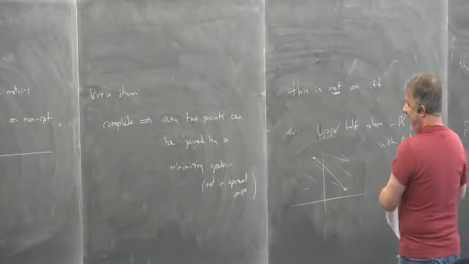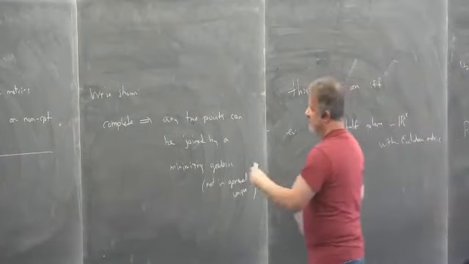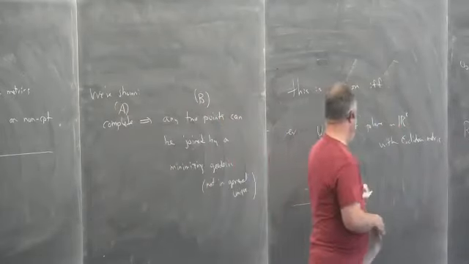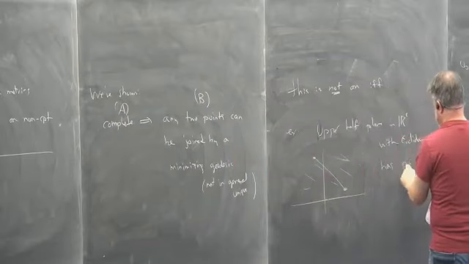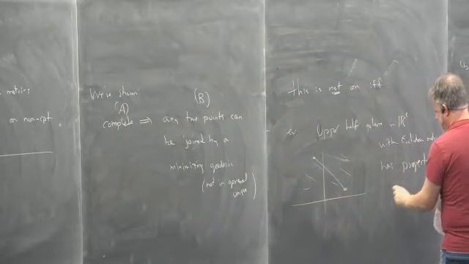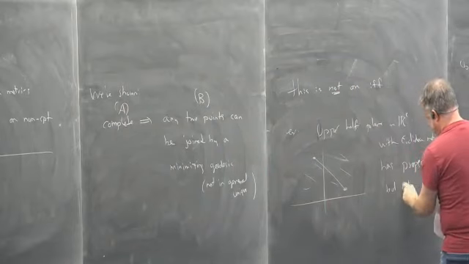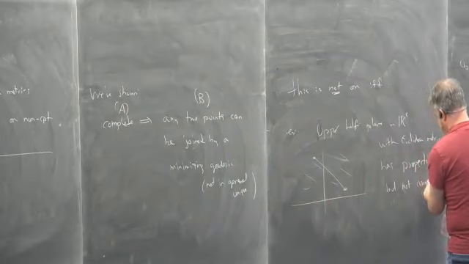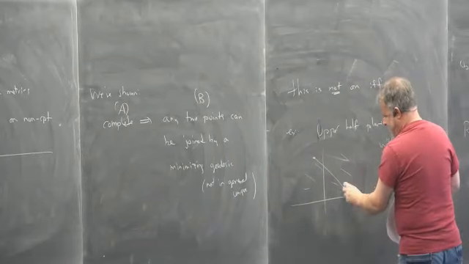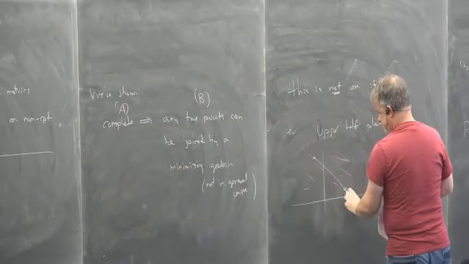Okay, so let's call this property A and this property B. This has property B, but it's not complete, because you can see right away this geodesic blows up in finite time.